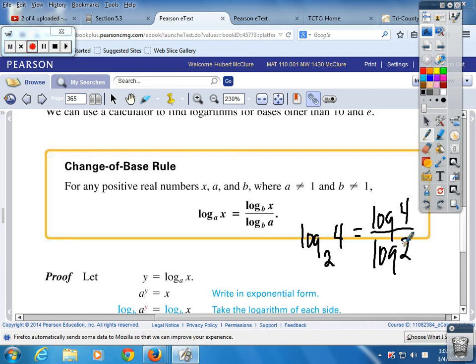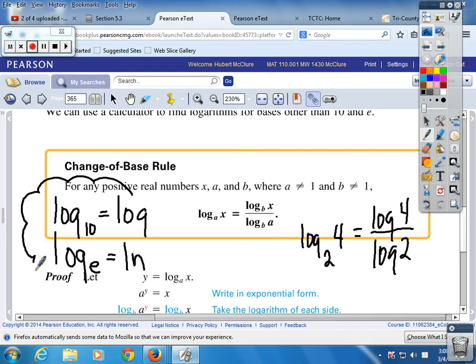The only logs that you can do on your calculator are log base 10, which is LOG. If there's nothing beside the LOG, it's usually assumed to be a 10. And log base E, which is equal to natural log. Those are the only 2 that your calculator can do. If your log does not look like these 2, then you have to use this.